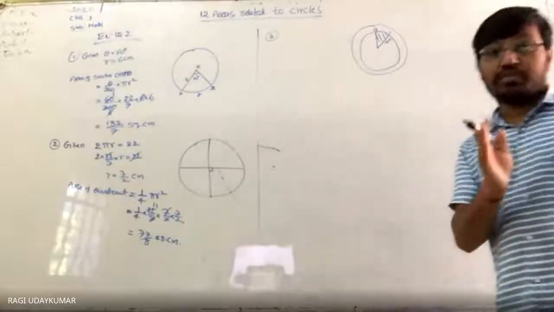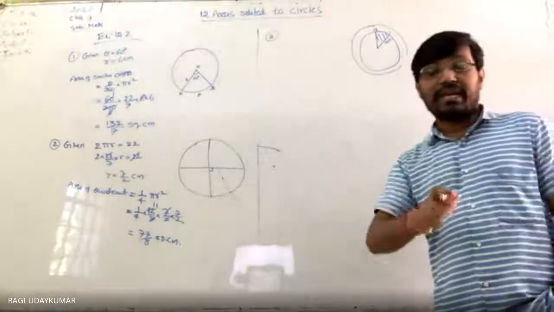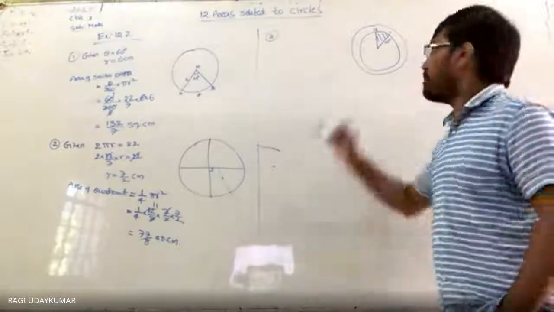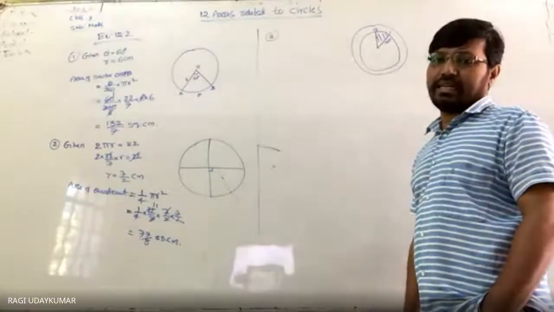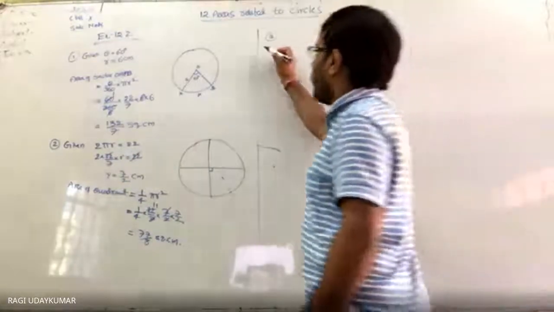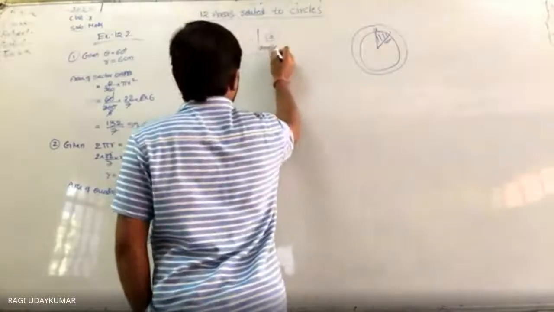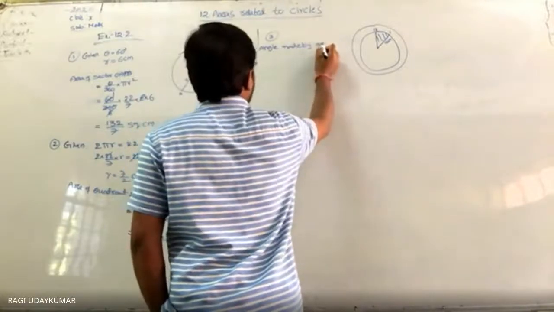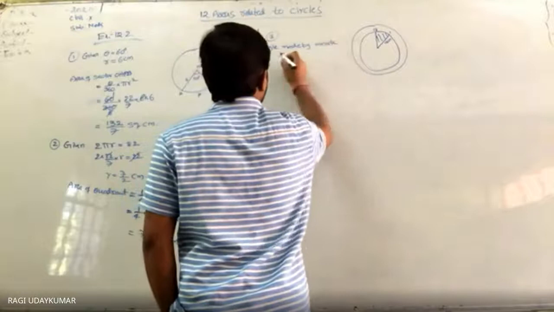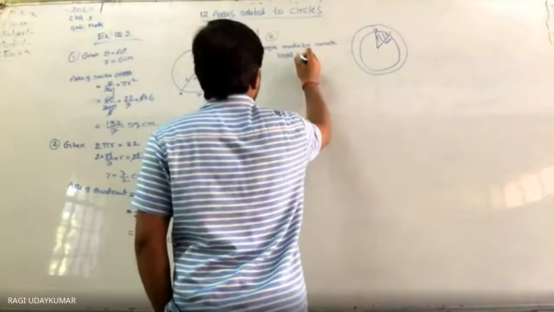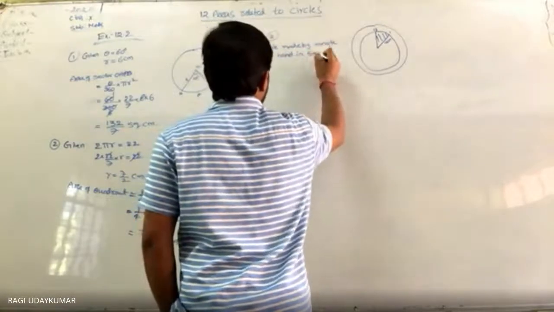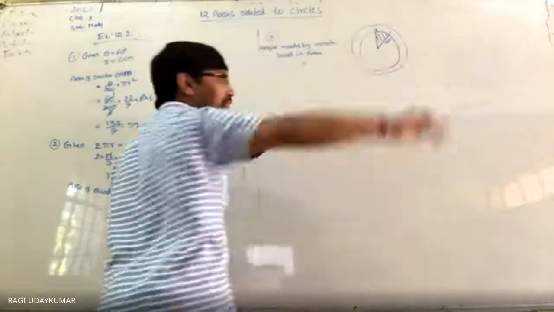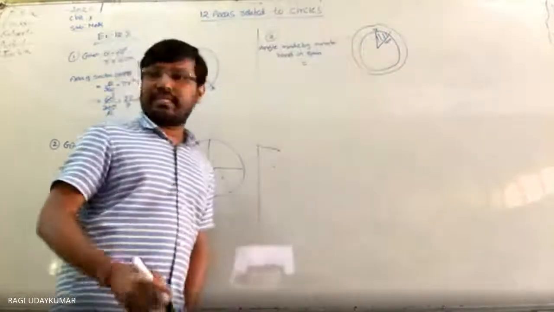So what is the angle made by the minute hand in 5 minutes? If it moves fully, it covers 360 degrees.